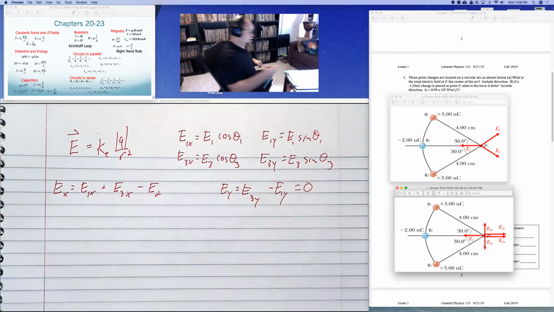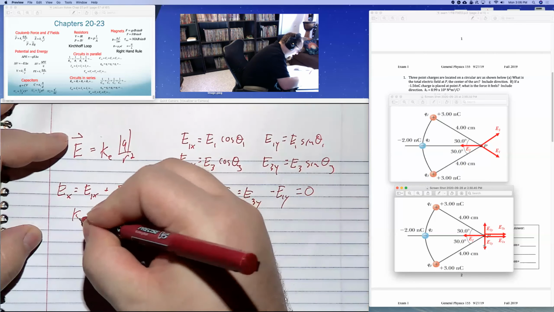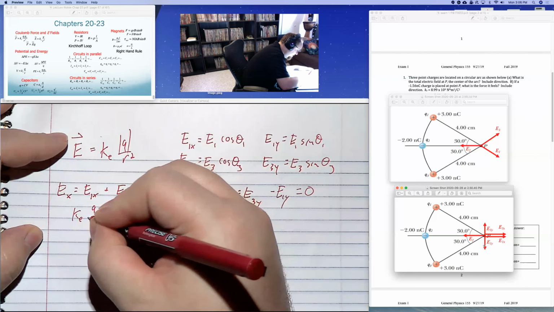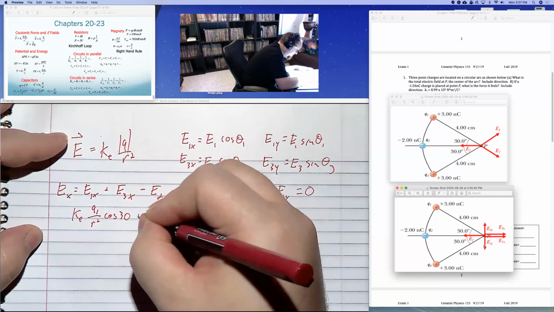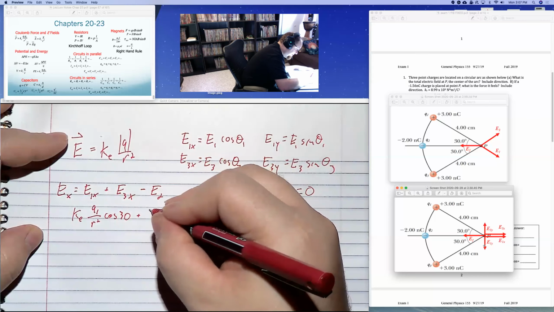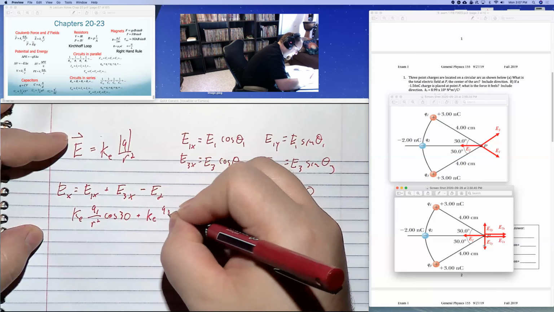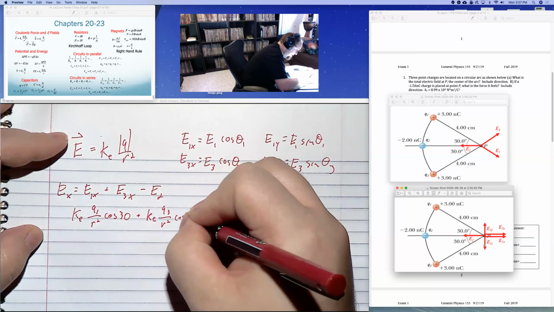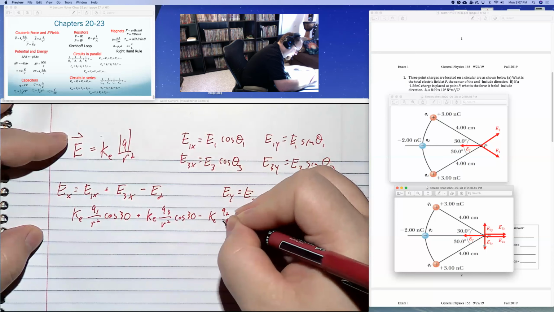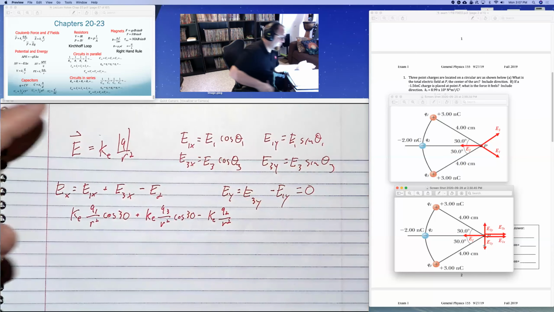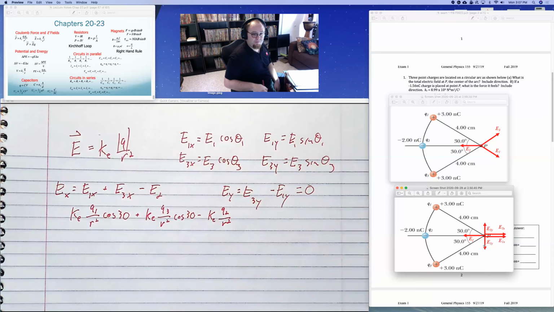I'll say it is keQ1 over R squared cosine of 30 plus keQ3 over R squared cosine of 30 minus keQ2 over R squared, with no cosine on that one because that was the flat one. Of note, Q1 and Q3 are the same, and I kept the same R for everything because it's the same R for everything.